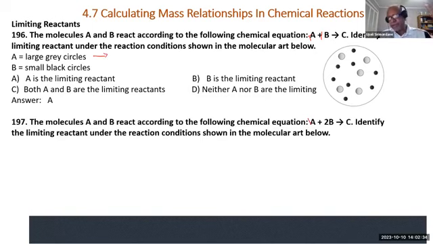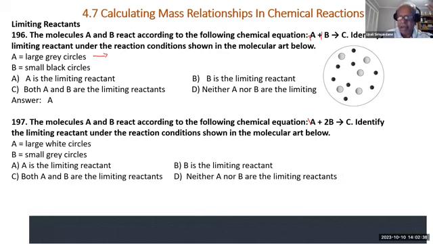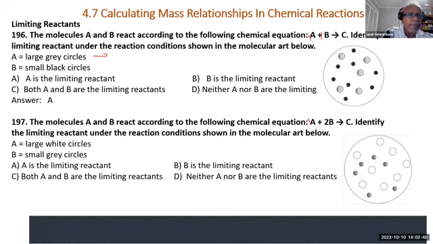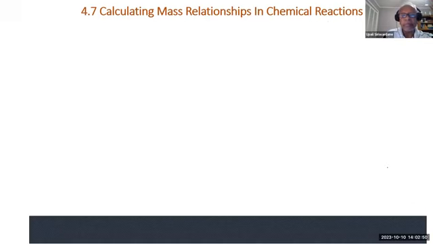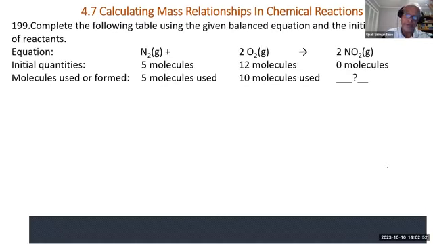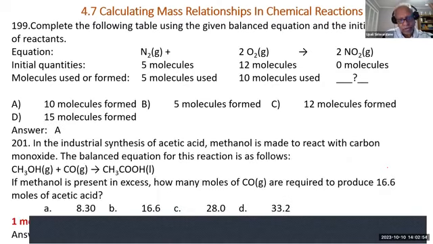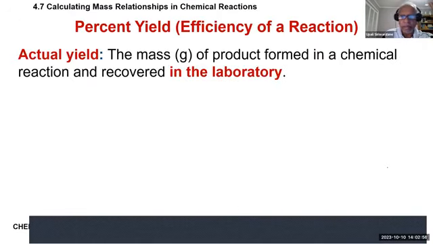Therefore, there should be more B in the reaction. So B is the small gray circles. They are not in excess. You need more, but you have less, therefore B is the limiting reactant. So we go on over limiting reactant.